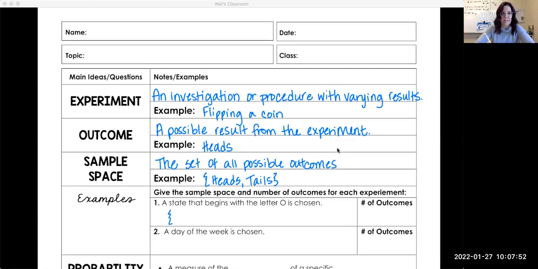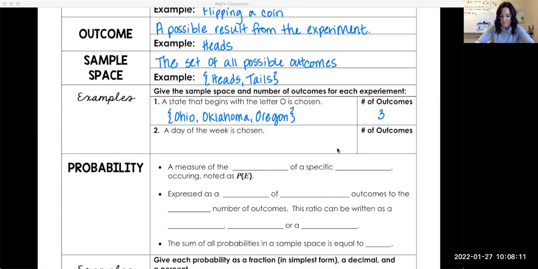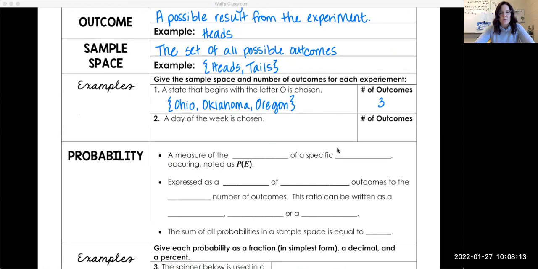Our states that begin with the letter O would include Ohio, Oklahoma, and Oregon. This would be our sample space because these are all of the options that we have to choose from, and there are three possible outcomes. What if we say, pick a day of the week?